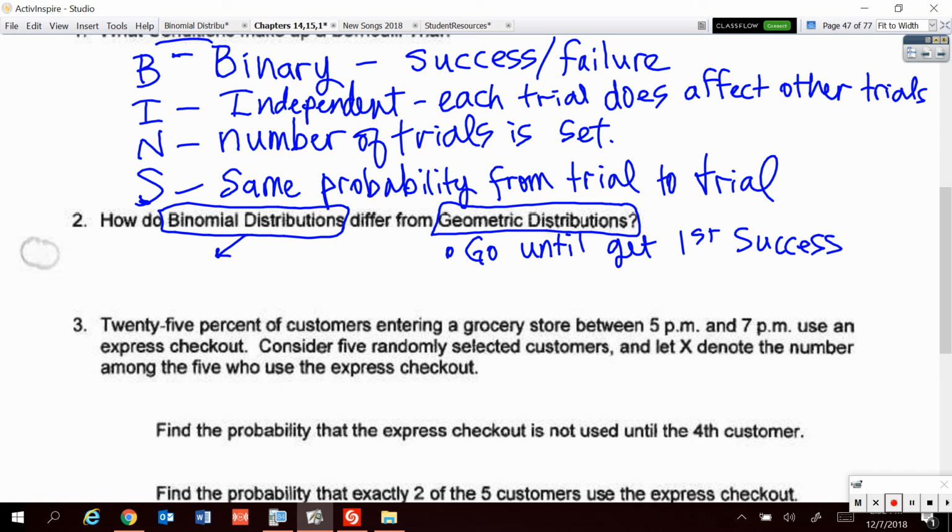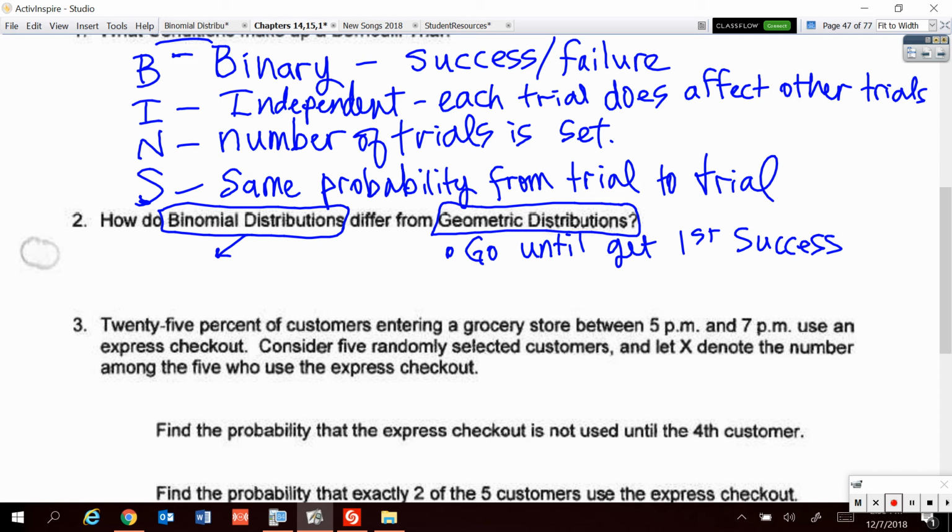Binomial. What you're determining on these is, like, what did we do on our coin flips? We were determining what? At the end, you were telling me your percentage of heads. So how many heads you got out of that set number of trials.